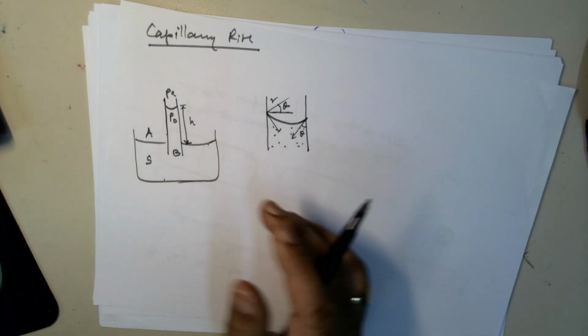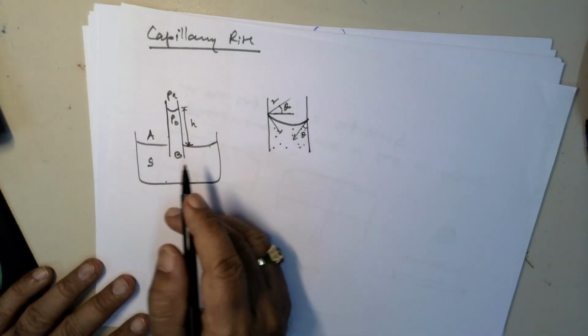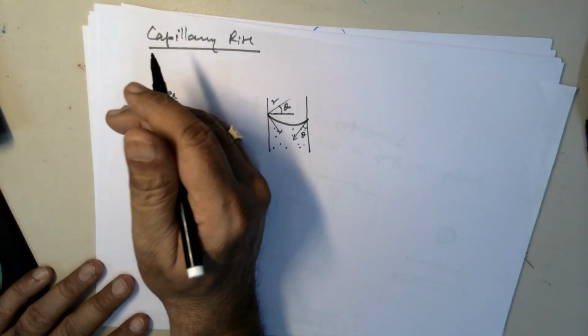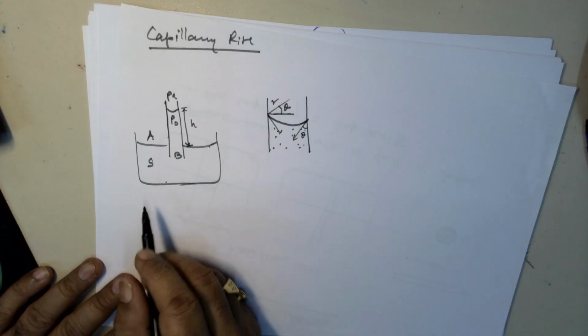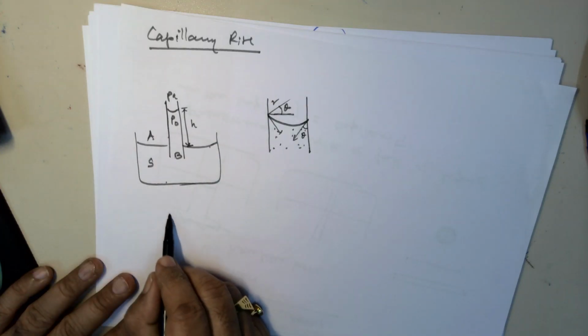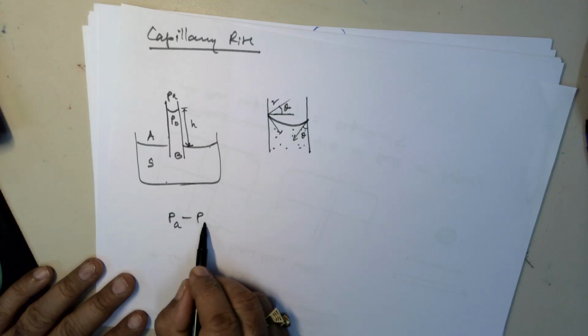Take down. Here the pressure difference between the atmospheric pressure, the pressure available above the liquid level, and the pressure inside: the pressure difference PA minus P0.